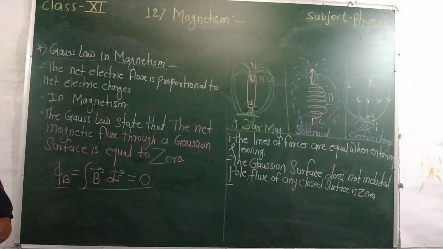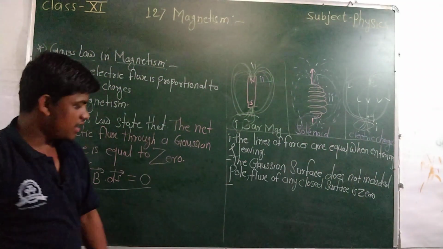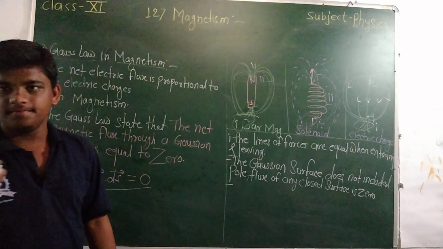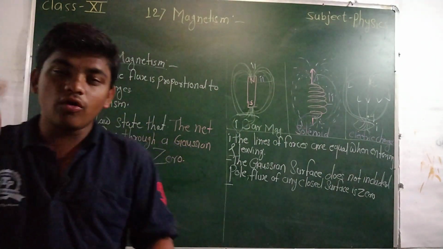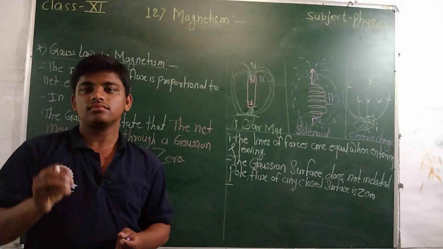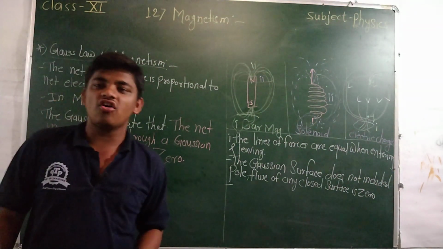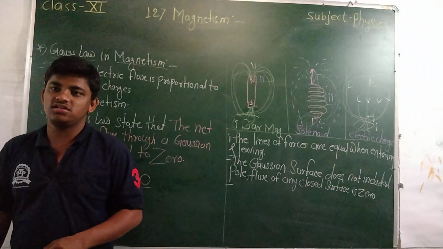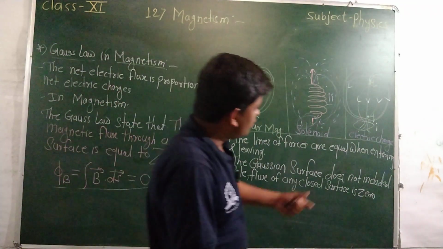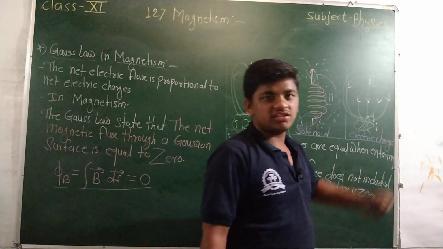For a closed surface there is a net outward flux, hence it does not include the net positive charge.